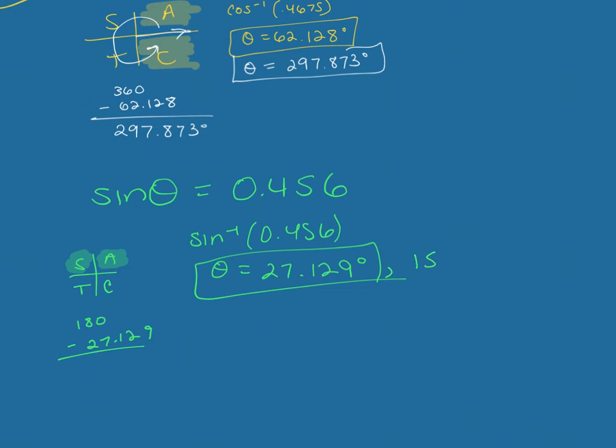Do these follow the same rules from that one slide in our notes, the 180 minus? Yep. Second quadrant's 180 minus theta. Third quadrant's 180 plus theta. Fourth quadrant's 360 minus theta. Yep, same rules. Are we getting warmer? That second answer is the 180 minus 27.129. Correct.